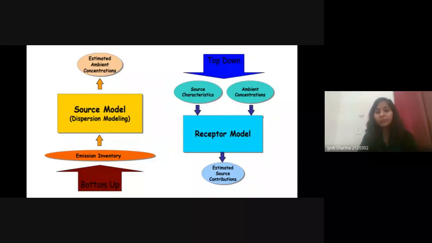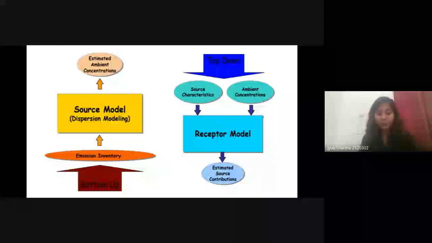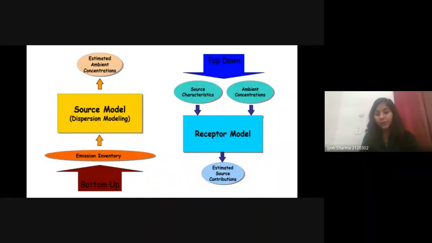If we take the example of environment, then bottom-up means you will first create the emission inventory. Emission inventory means how much each company, each industry, each activity is contributing to the air pollution. For example, you have a coal industry, and you know that a coal industry leads to the production of mercury as well as sulfur dioxide.